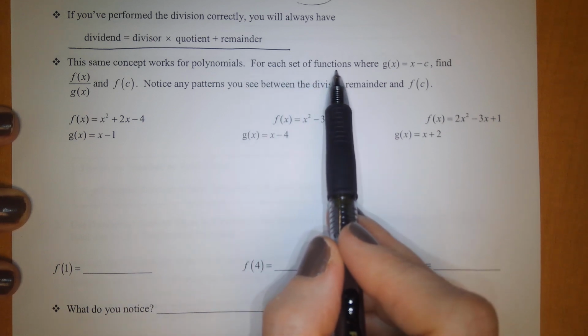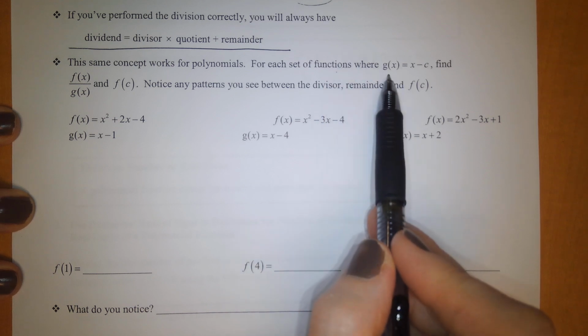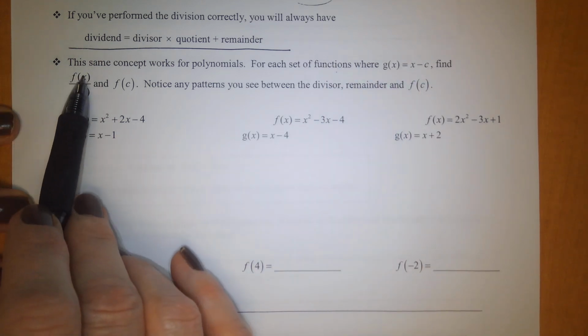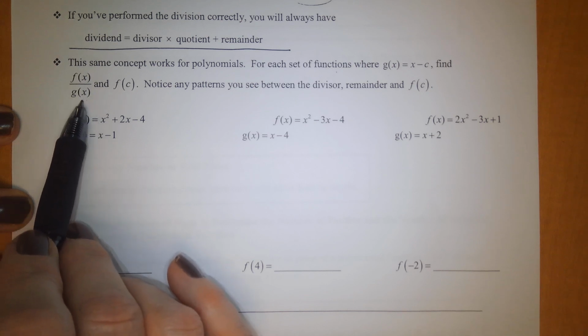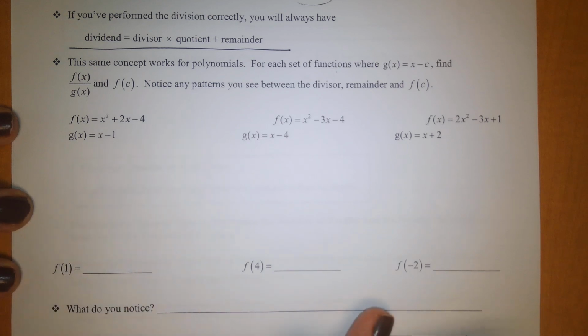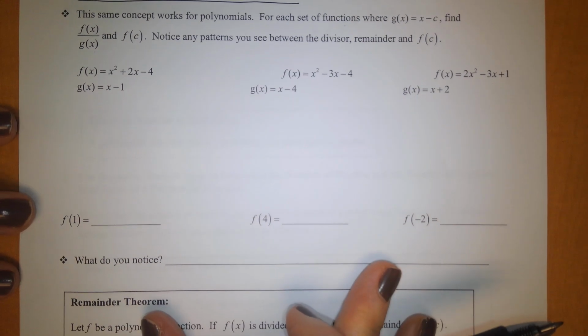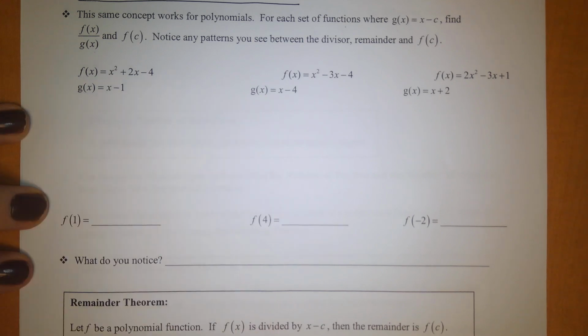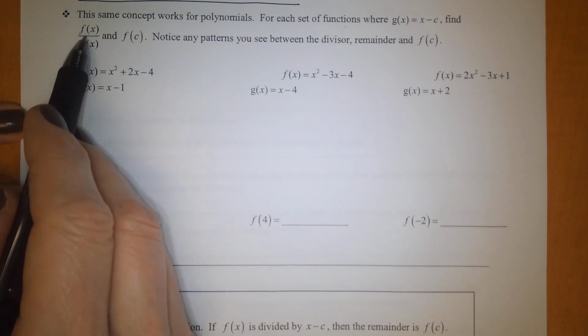Let's say we have a set of functions where g of x equals x minus c. Let's find f of x over g of x and f of c. And then let's notice any patterns that we might have. First, we're going to divide f divided by g.